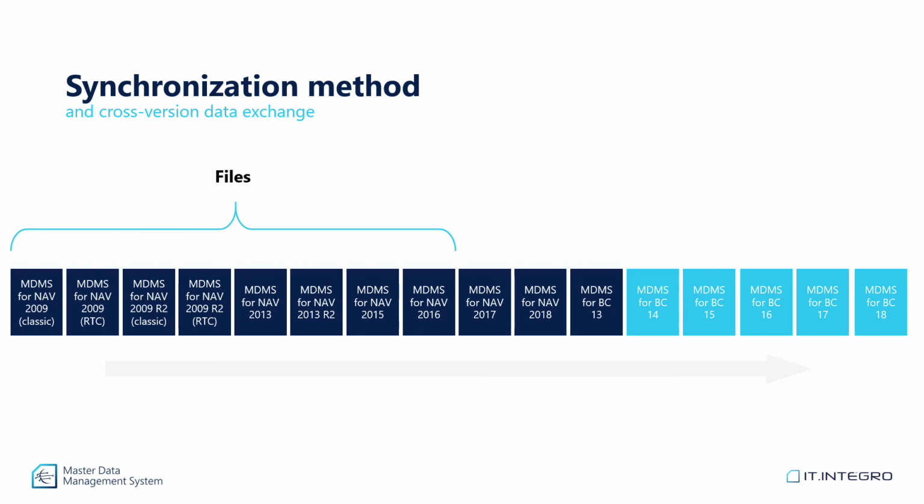With a few remarks, they are related to the history of this solution, because initially we used files to exchange data between the companies. For some reasons, at that point of time, that was the better solution than web services. And web services were introduced since NAV 2017.